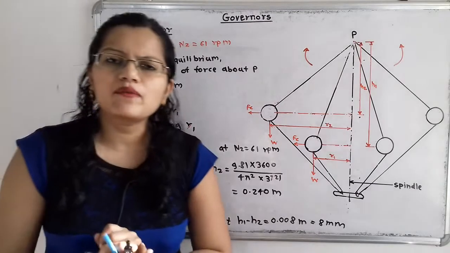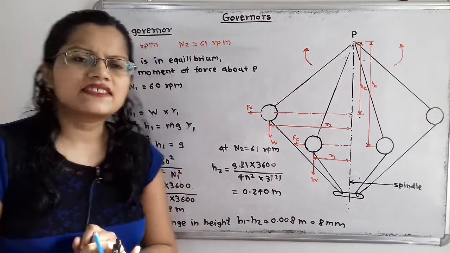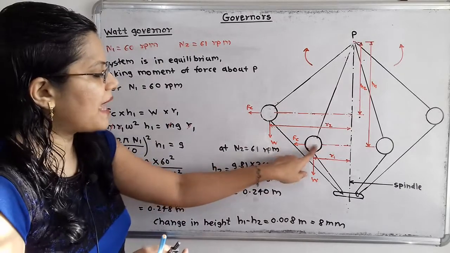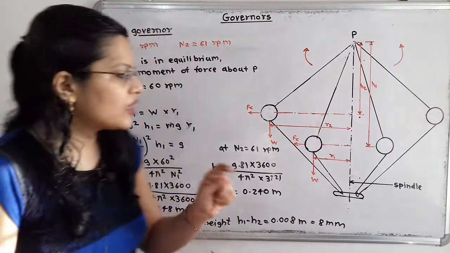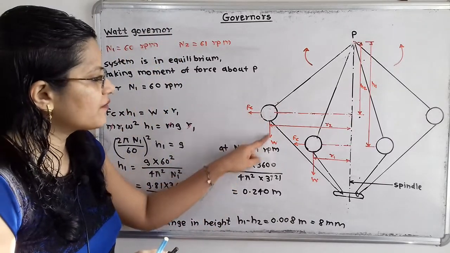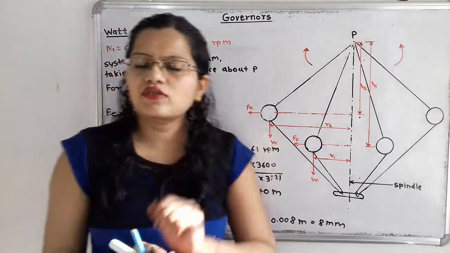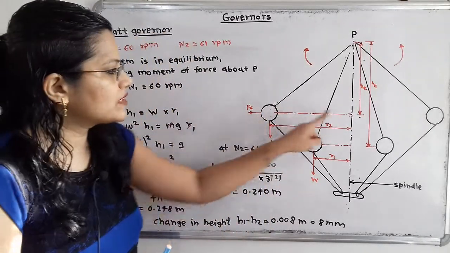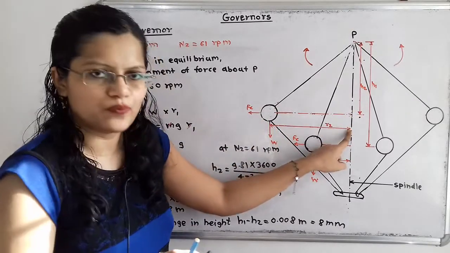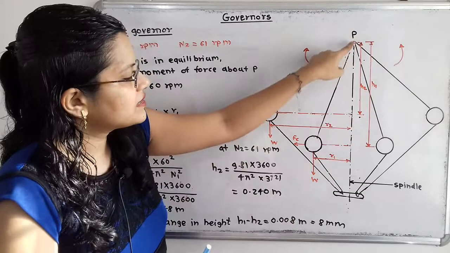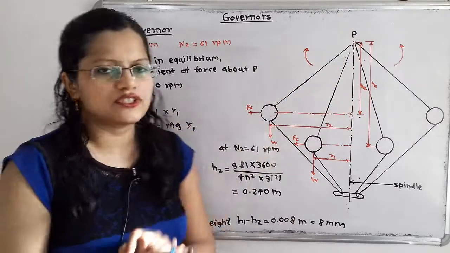Now we move to the next case, where the speed is increased. As the speed increases, the fly ball moves from this position towards this position. Again centrifugal force and weight act. The horizontal distance from the center of the fly ball to the vertical spindle axis is r2, and the vertical distance from point P up to the point of intersection is h2.